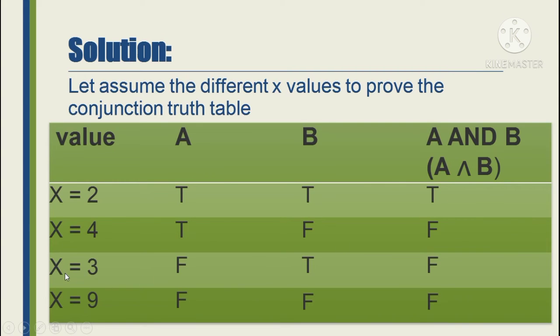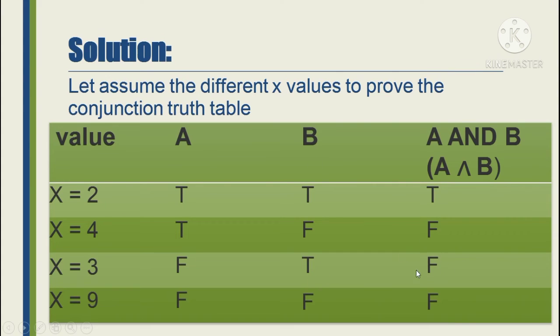Then, if the x equals 3, sa A natin, hindi siya even number, di ba? Kaya siya ay false. Then, the condition for B, siya ay prime number. Kaya ang output natin is false. Kasi, sabi doon sa truth table ng conjunction, kapag yung value ng A is false, and the value of B is true, ang magiging output niya is false.